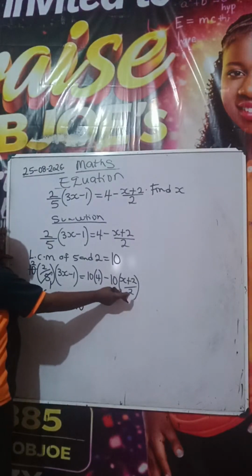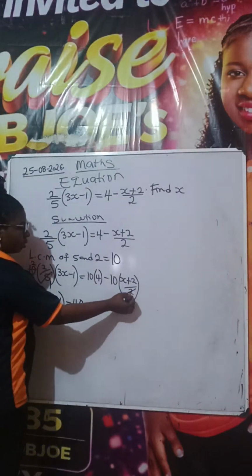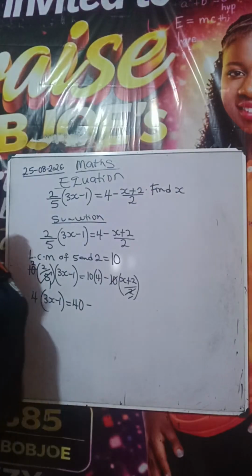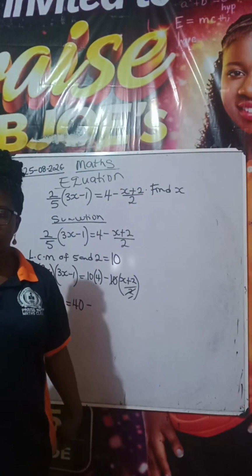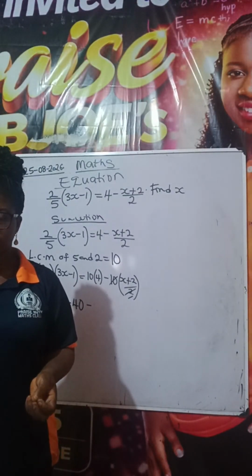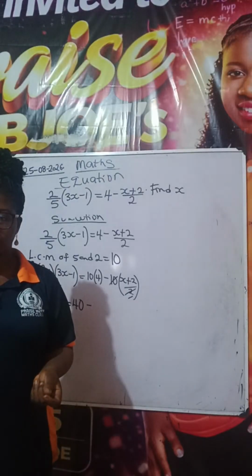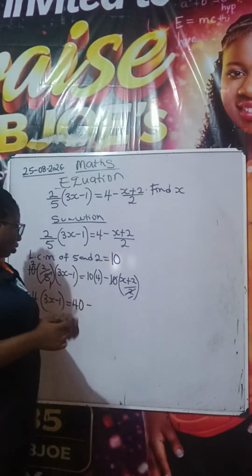Then use this 2 to divide this 10. So we have minus 2 here, 1. How many 2 in 10? Yes, how many 2 do we have in 10? We have it 5 times, correct. Good job, everybody.